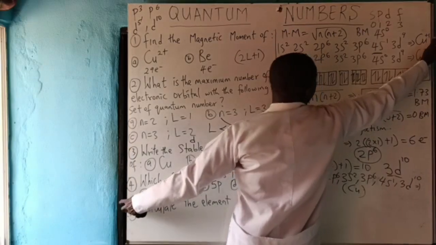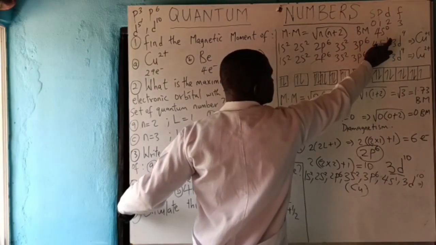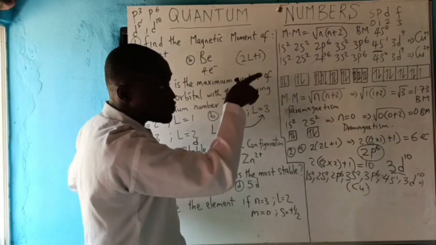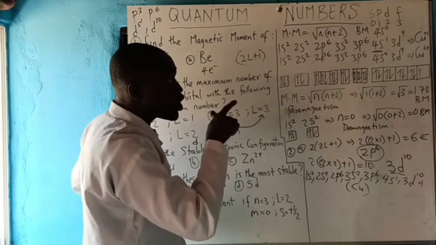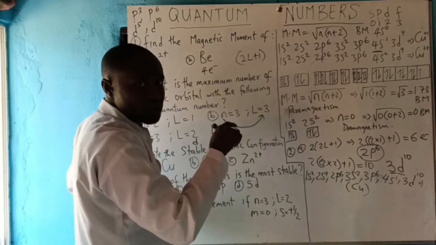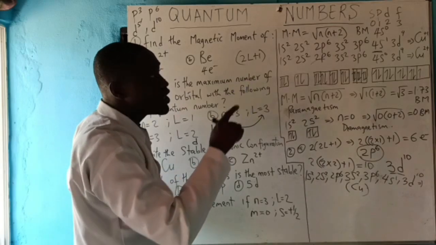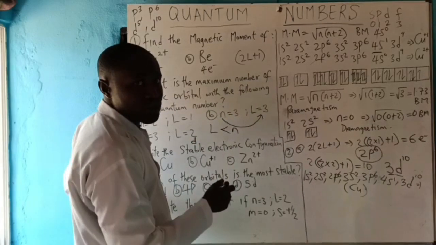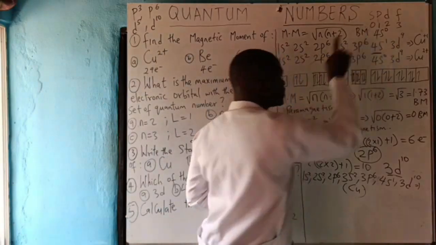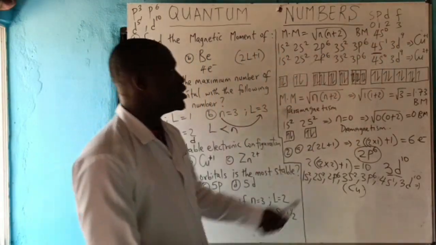Why are we removing 1 from the 2 we have here? It is because for a metal to give out its electron, it will give it out from the outermost shell. And so the outermost shell of this electron configuration is 4s1. That is the last shell, the fourth shell.